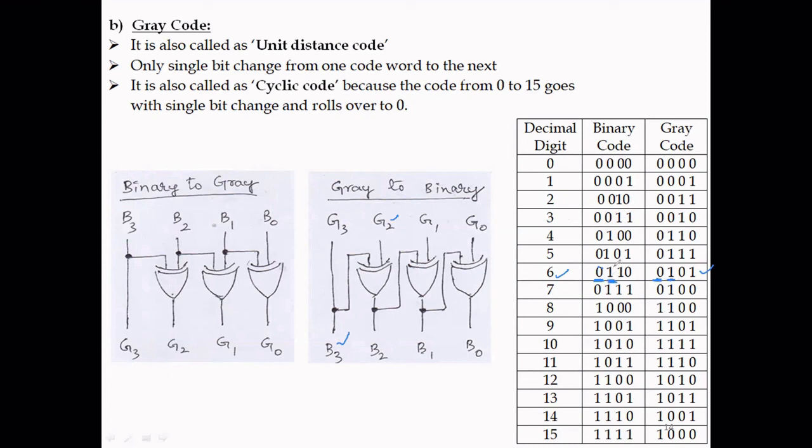This result and the next value 0: 1 and 0 are different, that's why 1. And this result and this 1: 1 1 are the same, that's why 0. In that way we can convert gray back to binary.